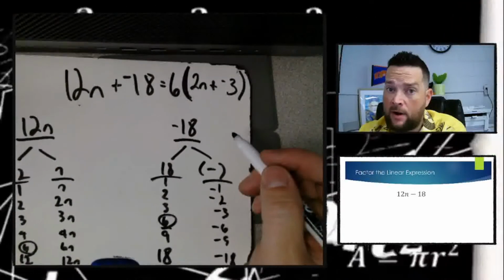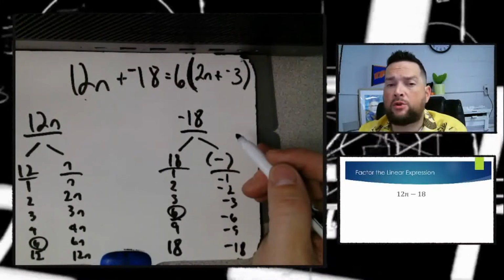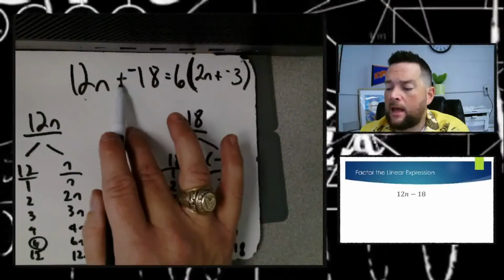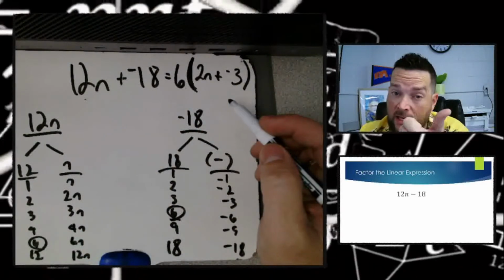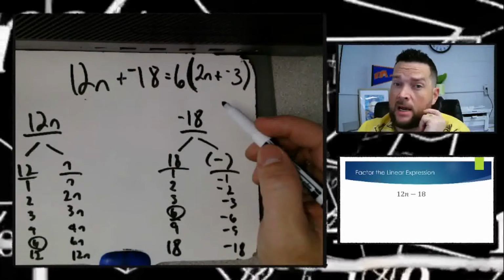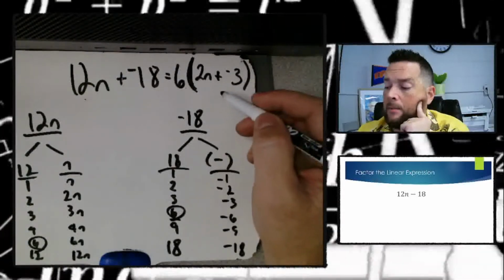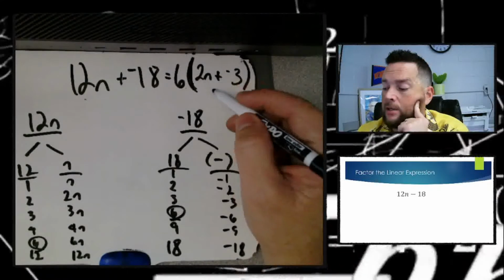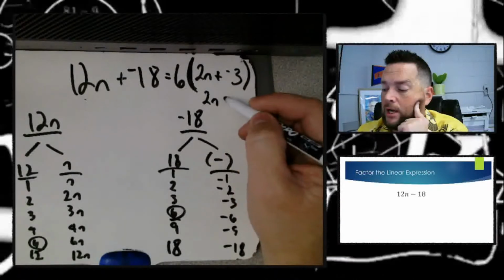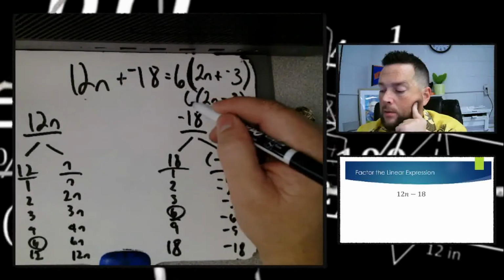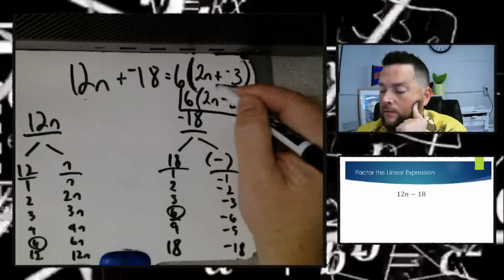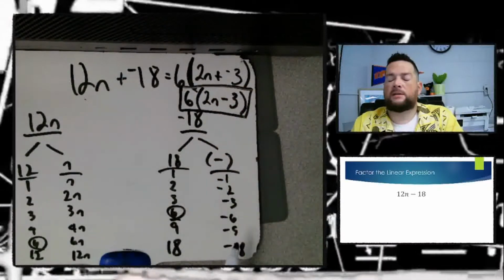Now, at the very end, just like I applied keep change opposite to turn that into an addition problem, I want to clean it up if I see any plus negatives or minus negatives. So I'm going to clean this up by applying reverse keep change opposite. I'll have 2n, change that to minus, and the opposite of negative 3 is 3. Put that on the inside, and you've still got your 6 on the outside of the parentheses.